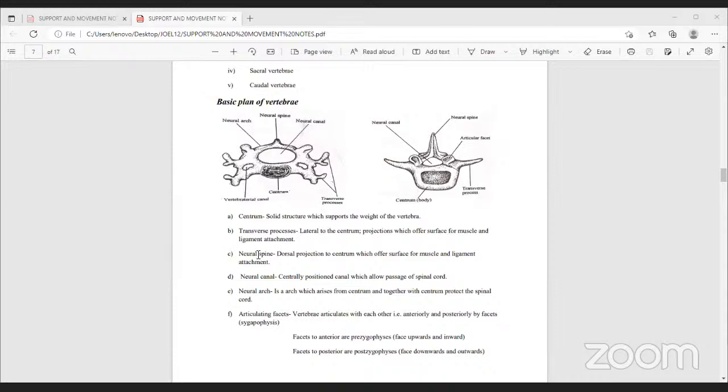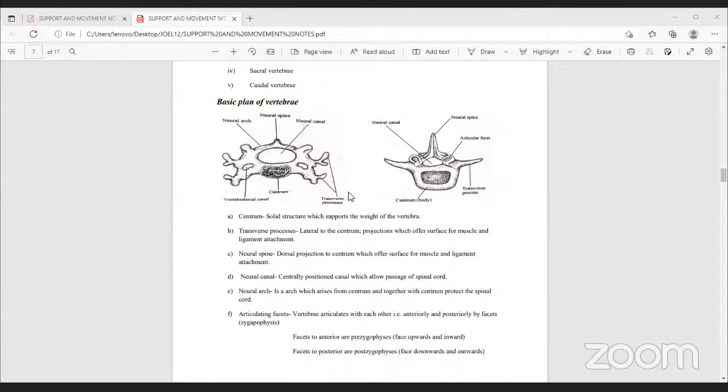The other thing about them is the neurocanal. You can see it's a canal here. It's like a cavity, the neurocanal.